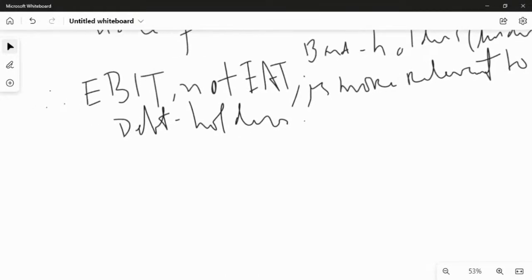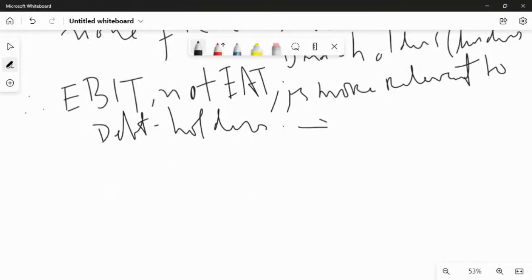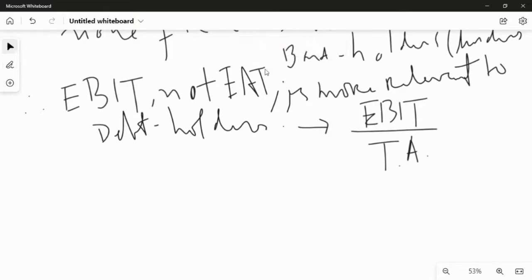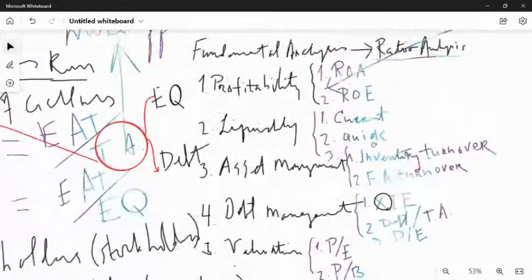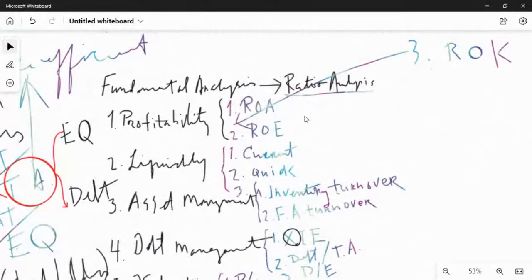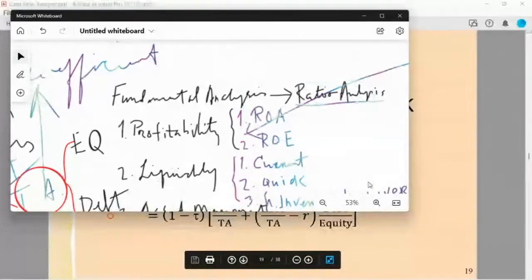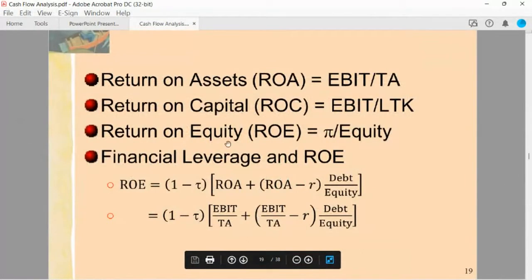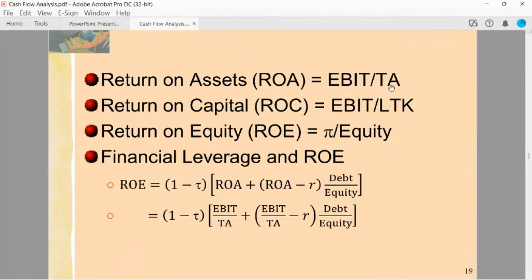And hence, therefore, if we rewrite, return on assets, this one is for the debt holders, right?